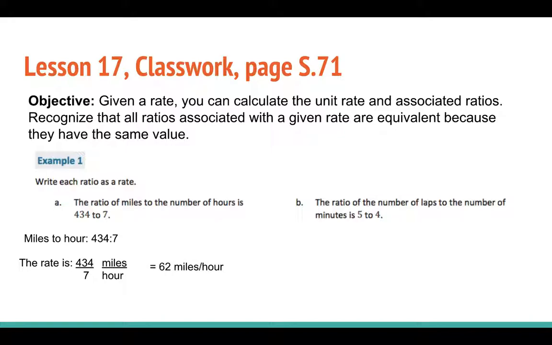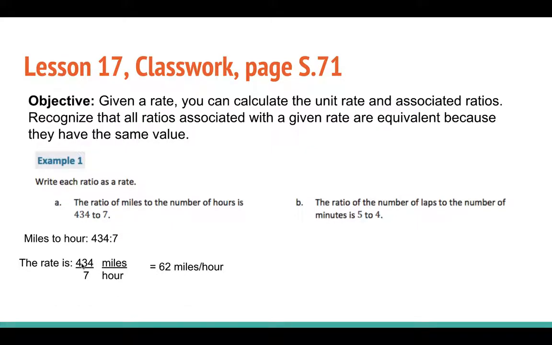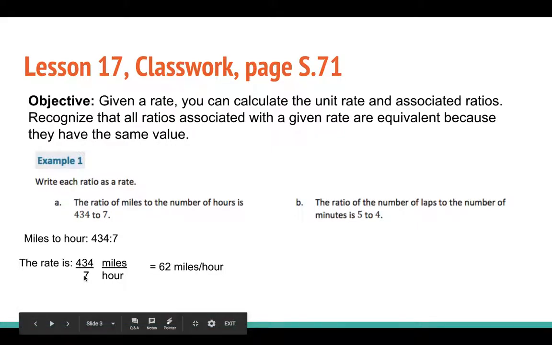Okay, and this is 62 miles per hour. So notice how that division sign here, it's still a fraction, miles per hour. We simply got 62 by dividing 434 by 7. Okay, 434 divided by 7 gives us 62. Our miles per hour stays the same. So 62 miles per hour.